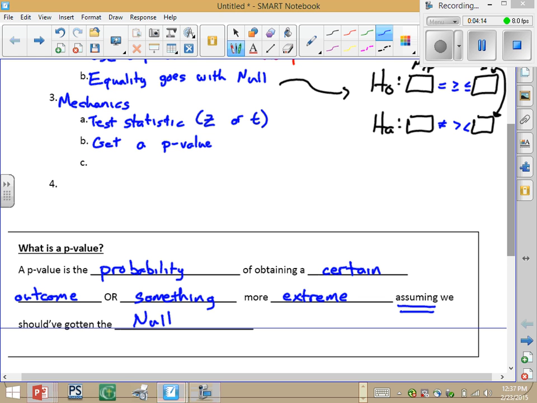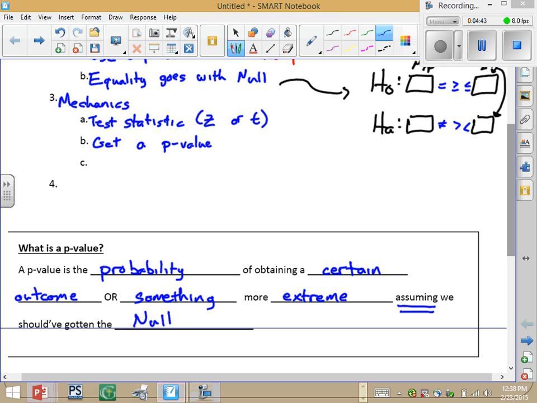So if you think back about some of the card examples, all the probabilities of getting 3 red cards or 4 red cards in a row were based on the assumption that a deck of cards has half red, half black, right? So the example we did in class, when we got to about the 4th or 5th card, that probability got so small, 0.5 to the 5th, that we no longer thought the original hypothesis of an equal deck was true.